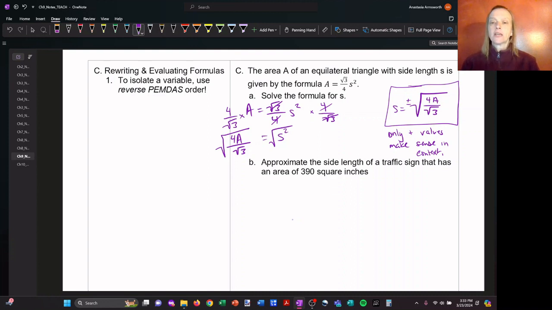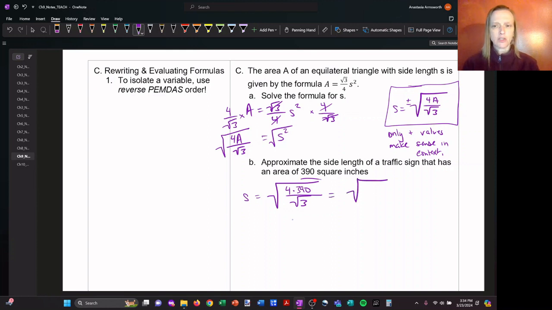All right, so the next question says the area of the traffic sign is 390 square inches. So what is the side length? I'm going to use the formula that we just produced. We're just going to take the positive square root, 4 times 390 divided by the square root of 3.